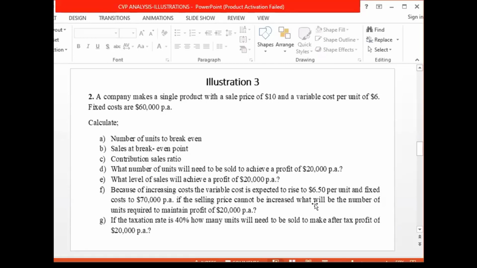So we have to determine our new contribution margin because the variable costs have changed. Our selling price remains the same. Our fixed costs have increased to 70,000, but we still have to make a profit of 20,000.